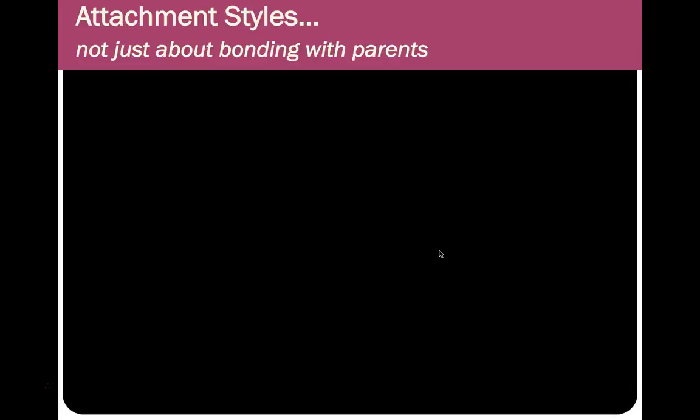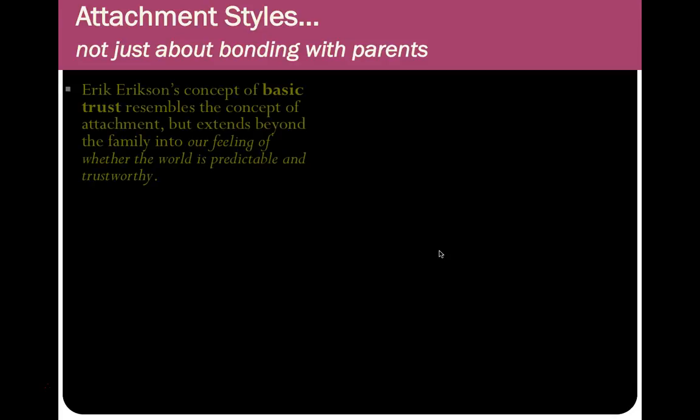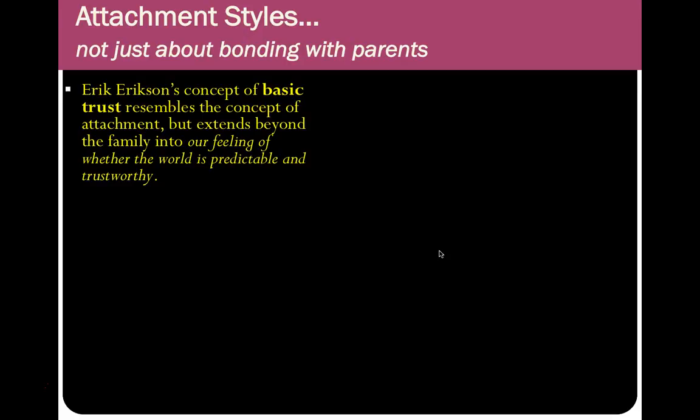So attachment styles are not just about bonding with parents. In the module on adolescence, you're introduced to Erikson's stages of social development, and one of the stages is the stage of basic trust.